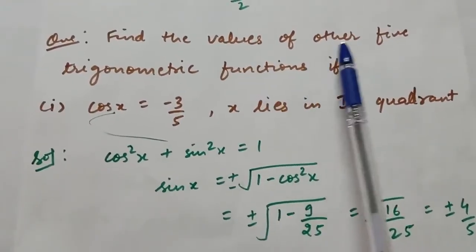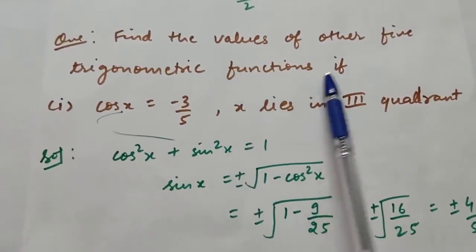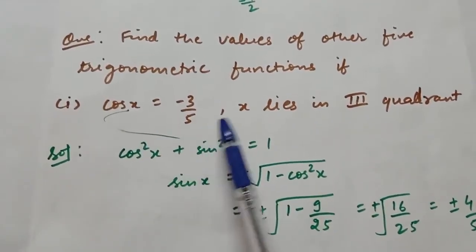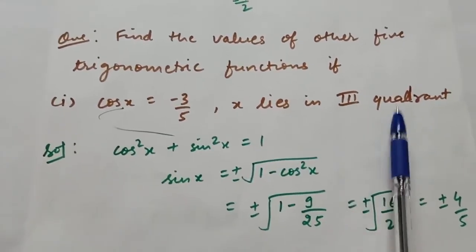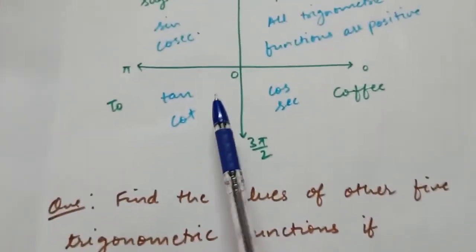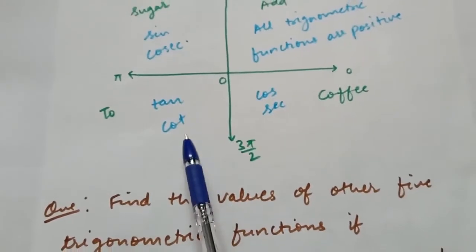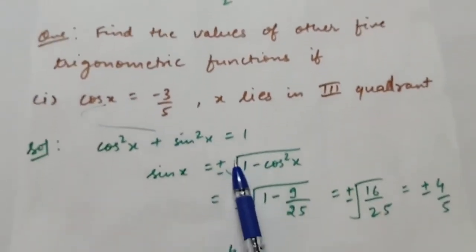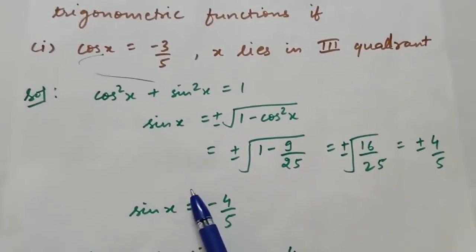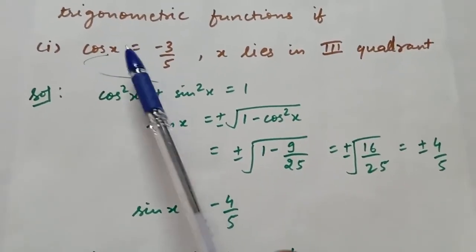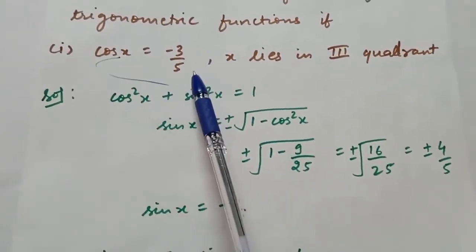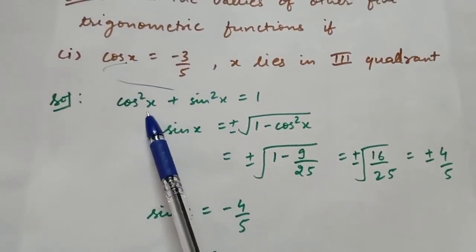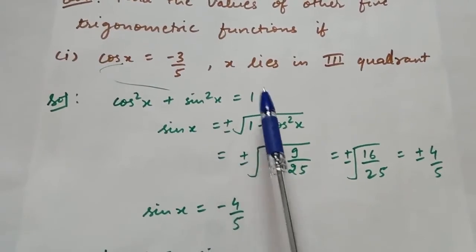Find the values of the other 5 trigonometric functions if cos x is equal to minus 3 by 5, x lies in third quadrant. Now in third quadrant only tan and cot will be positive. So we will take the values of tan and cot as positive, other values are negative. So cos x is minus 3 by 5. Also we know this result that cos square x plus sin square x is 1.